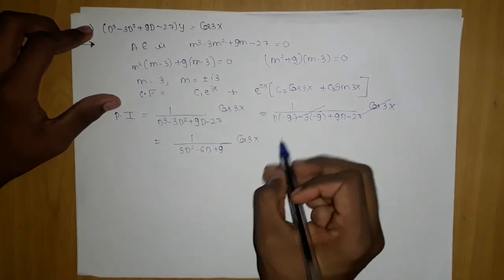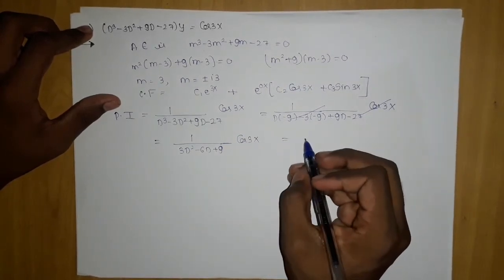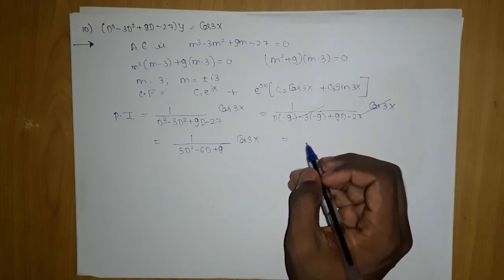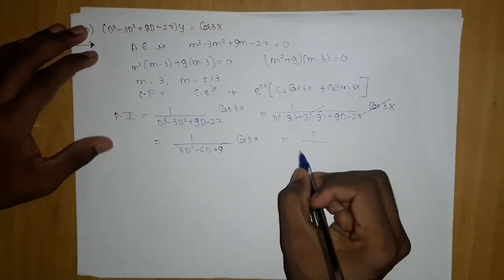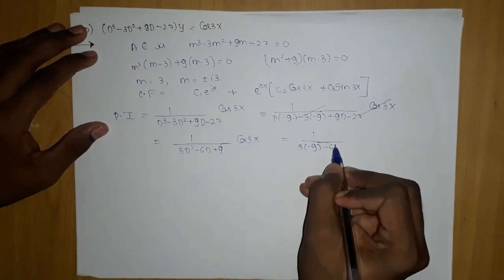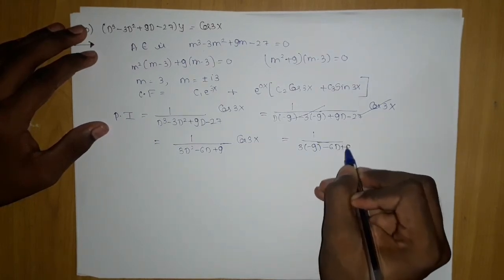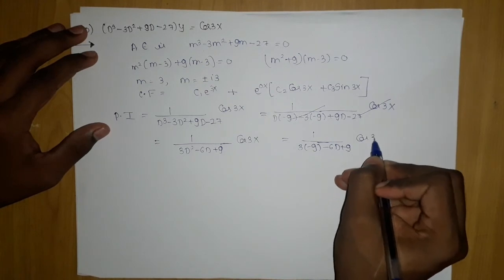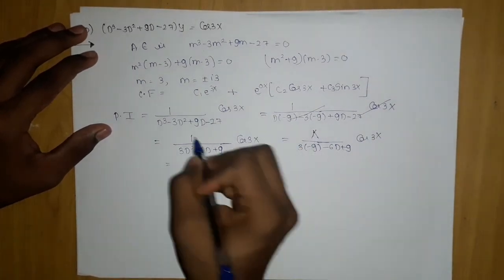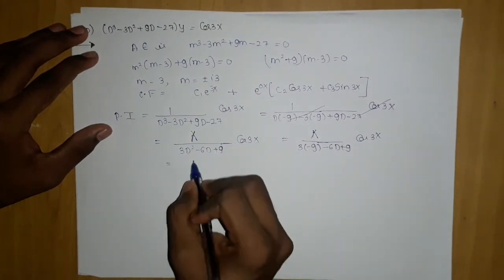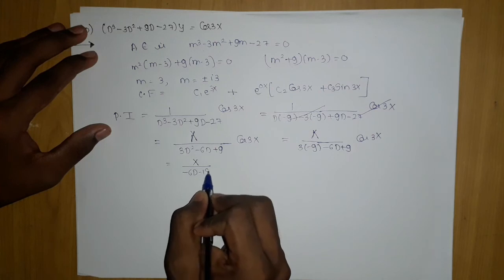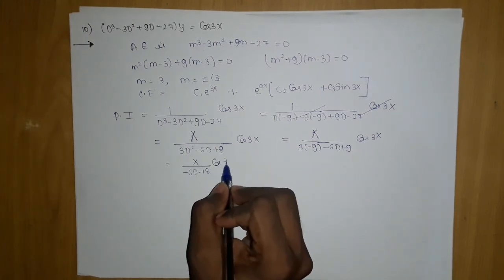Now you have to replace D square by minus 3 square. What you are getting after this is nothing but x by 3 into minus 9 minus 6D plus 9, into cos 3x, which gives x by minus 6D minus 18 into cos 3x.